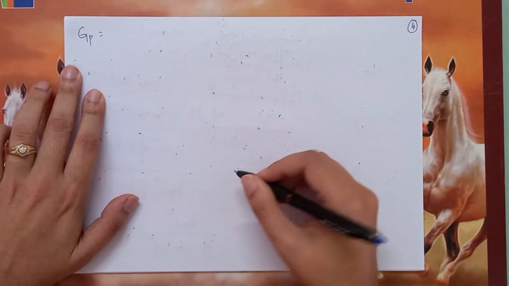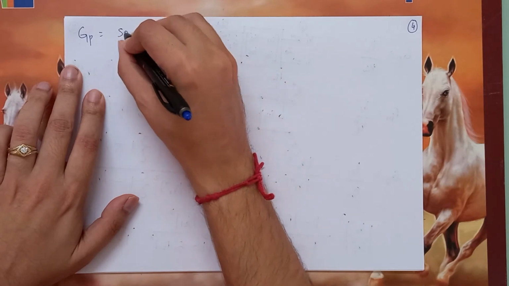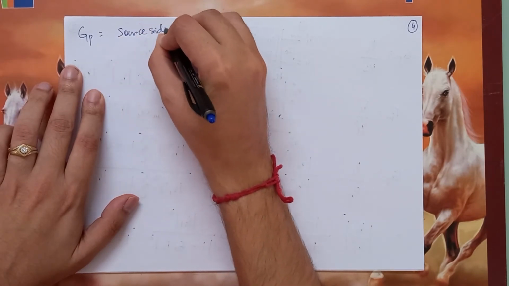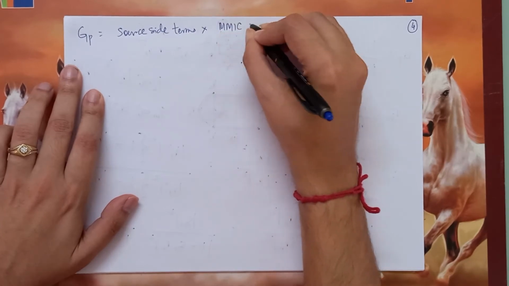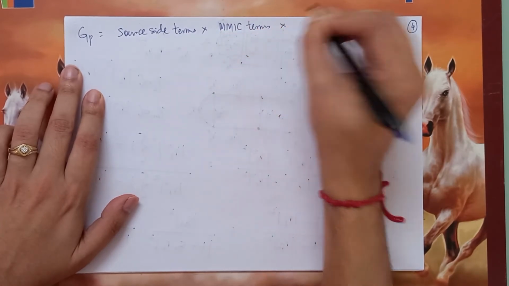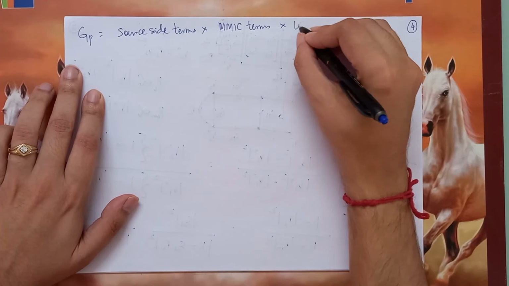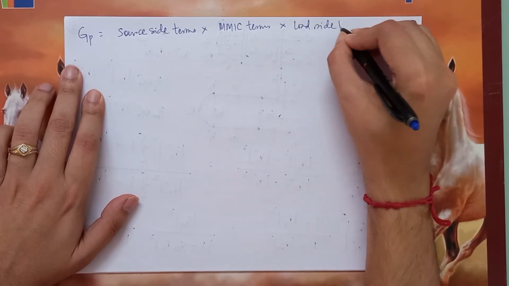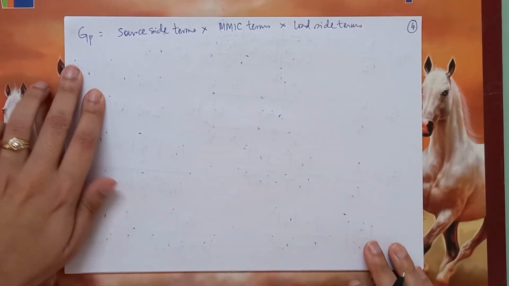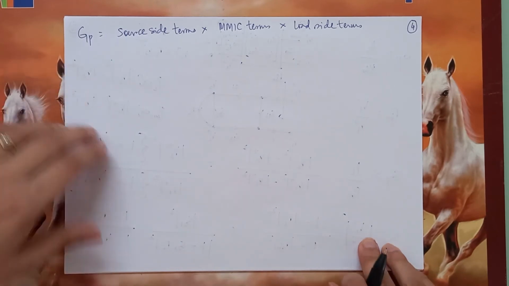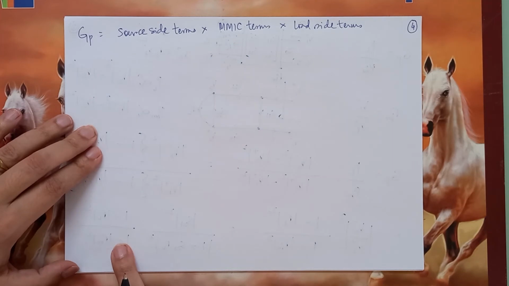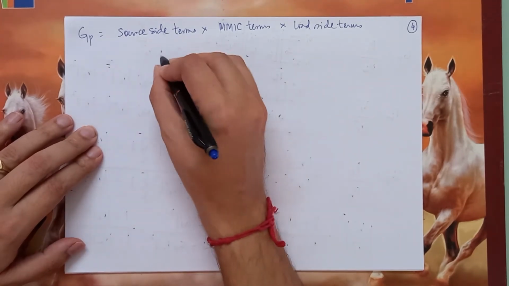So we will represent GP as some source side terms times the MMIC terms times the load side terms. The source side term was 1 minus mod gamma in square, so we will write it over here.